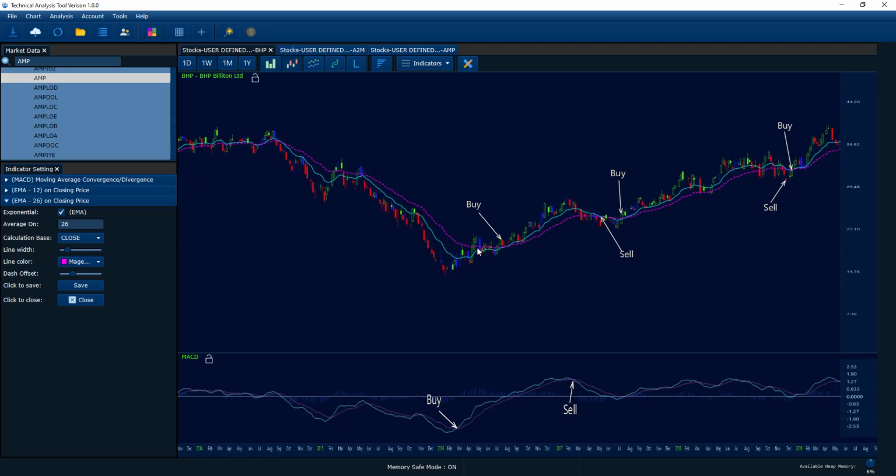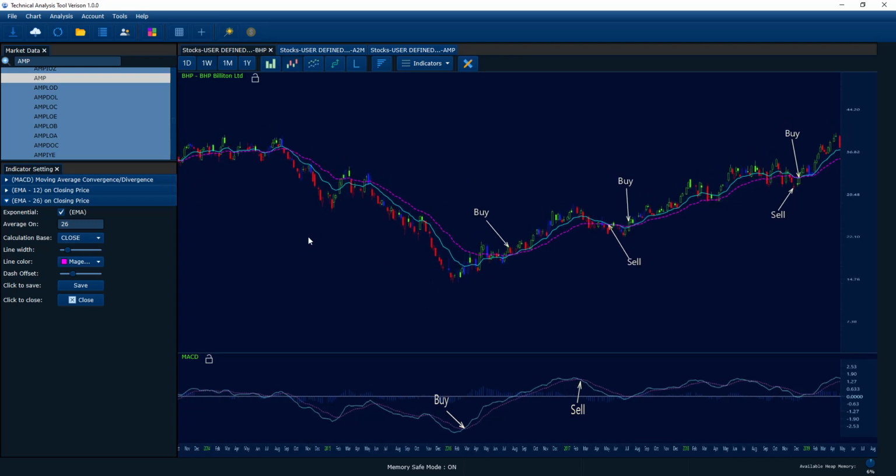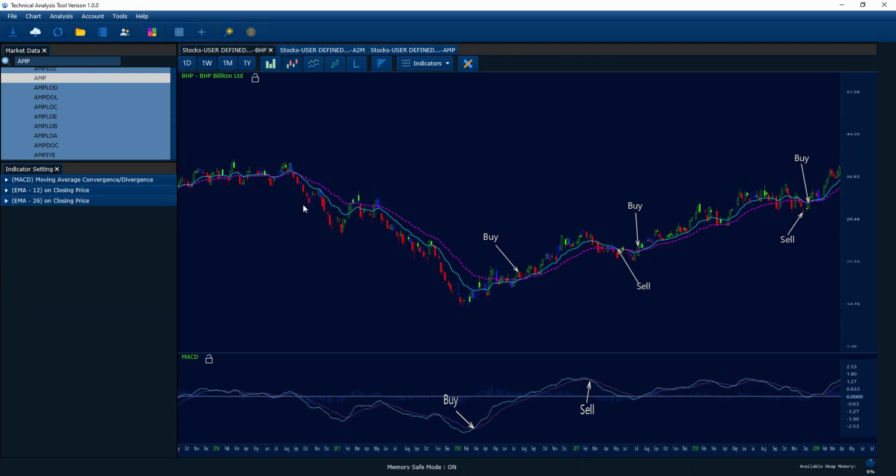Looking at the chart right now, the MACD line uses the faster EMA's value minus the slow EMA value, and we come up with a value to plot the MACD line.